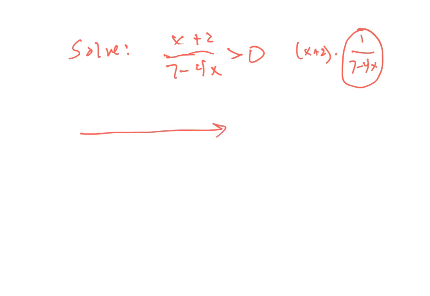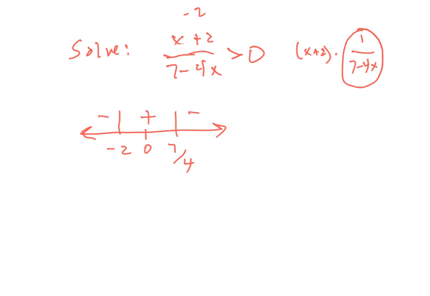So here goes our sign graph. We have a sign change at -2 and 7/4. -2 is the small one, so we'll put it on the left, 7/4 on the right. We plug in 0, which happens to be in the middle again, and I get 2 divided by 7. That is a positive number.